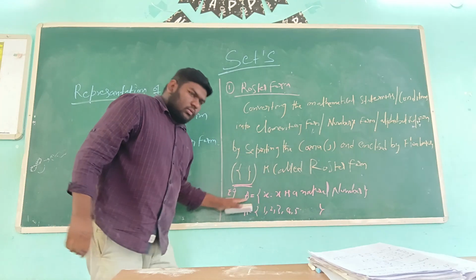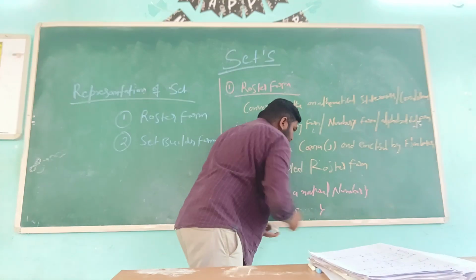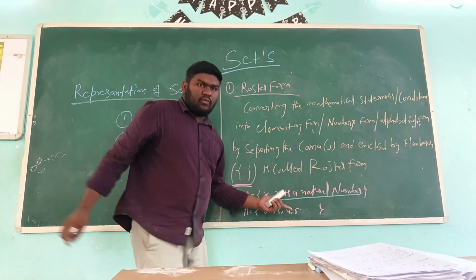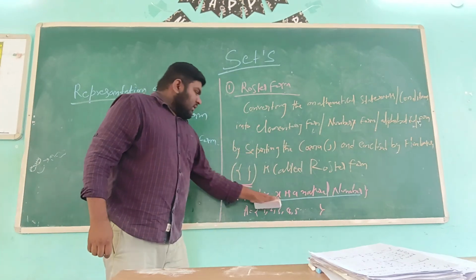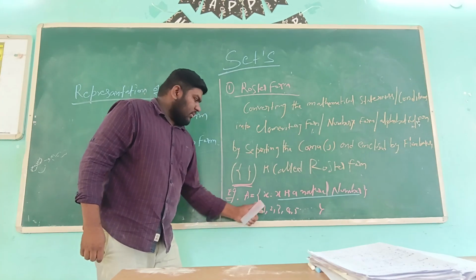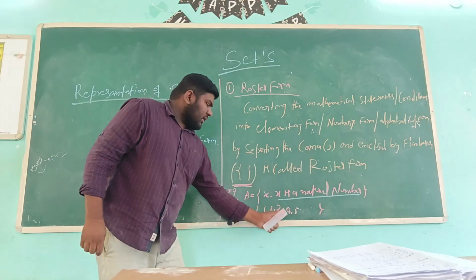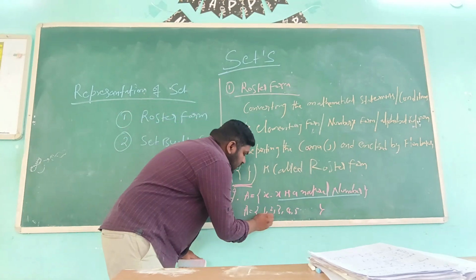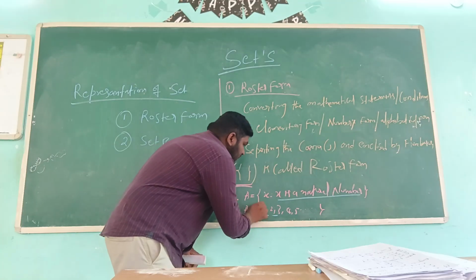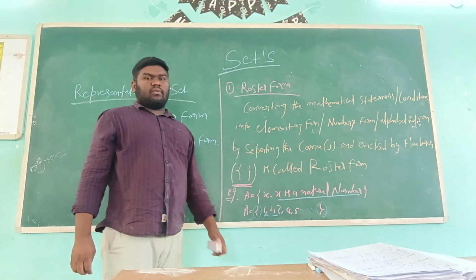Here x is a natural number is the one mathematical condition. It is converted into elementary form or numbers form or alphabetical form by separating with commas and enclosed by flower brackets.